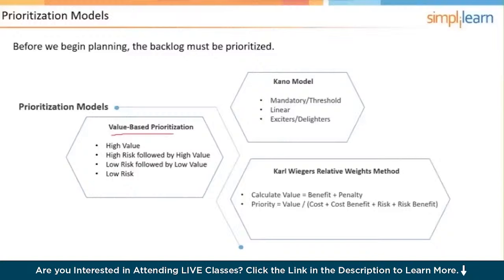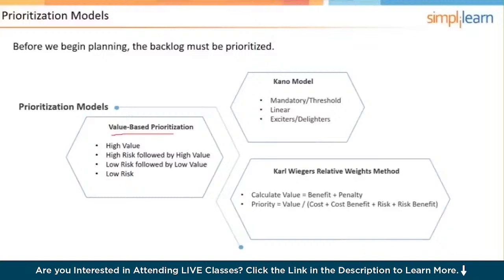There's the Kano model, which looks at each of the user stories and classifies them as being mandatory, linear, or exciters. And the mandatory items are those user stories that are musts. And they'll never move the customer or the end user beyond neutral.